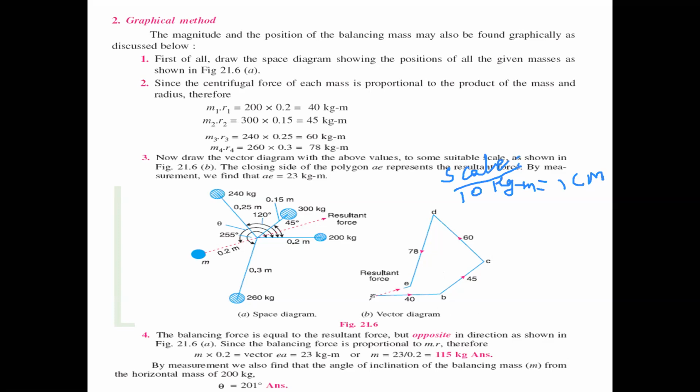In this case, the M1 R1 value is 4 centimeters. You draw 4 centimeters with the orientation of 0, and that gives point B. FC1 value is 40.